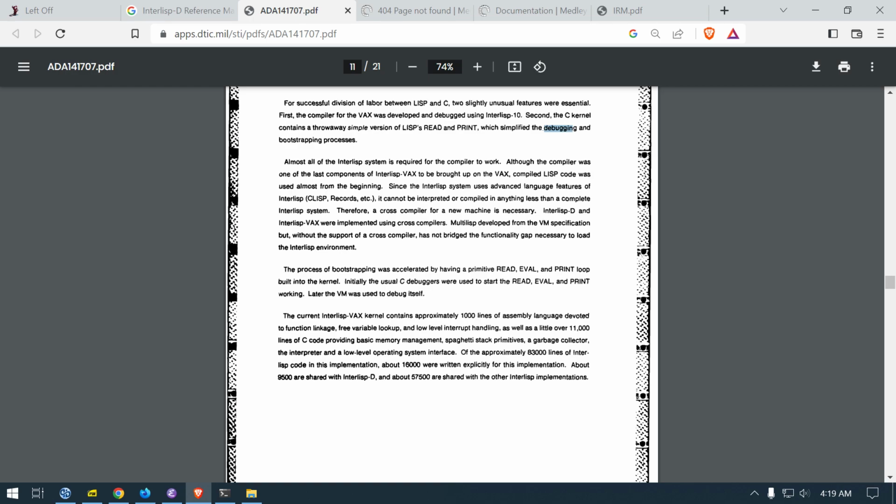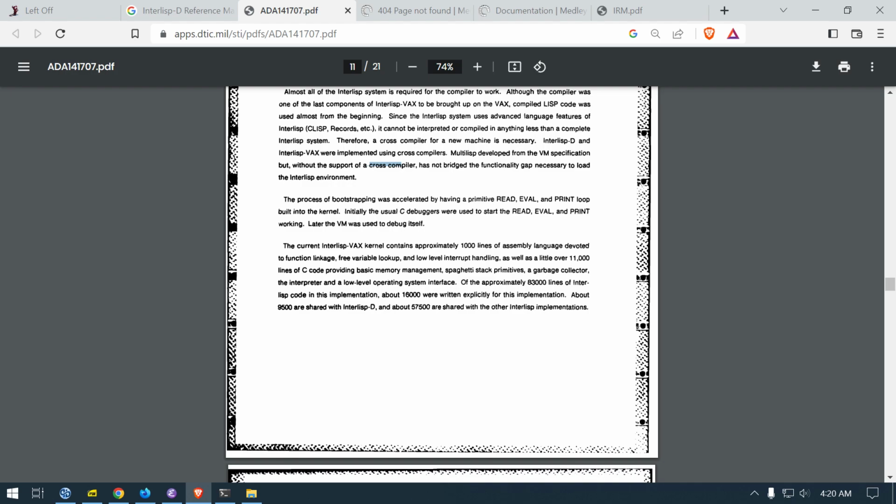Yeah, it just goes on talking about different stuff, like Interlisp, conversational Lisp, and their records package, which I think is tied to the file package in some ways, maybe. And so they use cross compilers. And I still think that they put some Multilisp stuff inside there from the VM specification without support of the cross compiler.